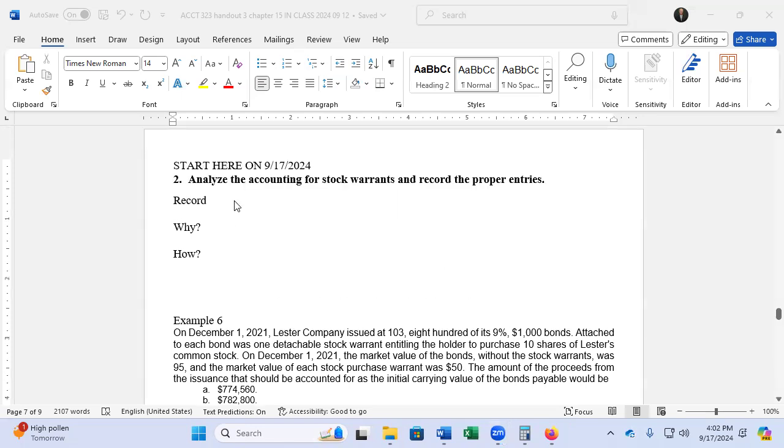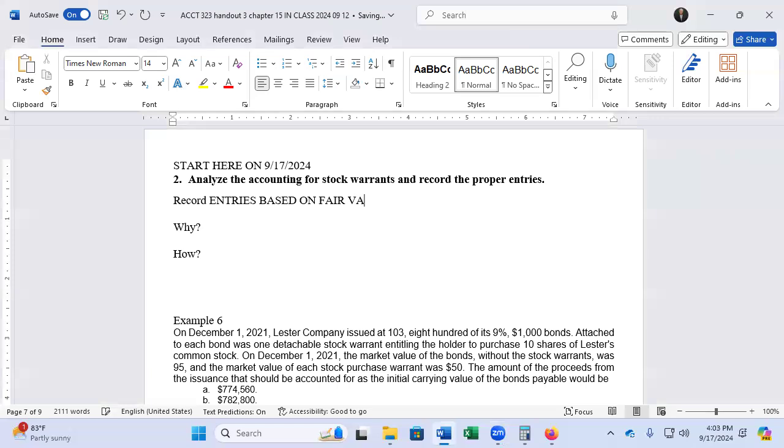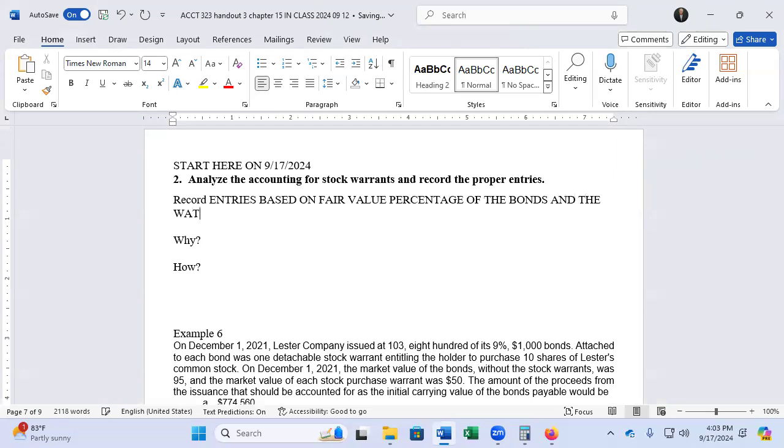I apologize. All right, so we're picking up on analyzing the accounting for stock warrants and recording the proper entries. First, a few things we should know: you record entries based on the fair value percentage of the bonds and the warrants only when they're detachable.